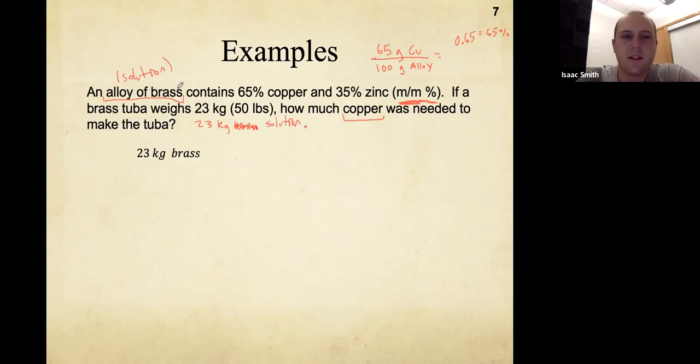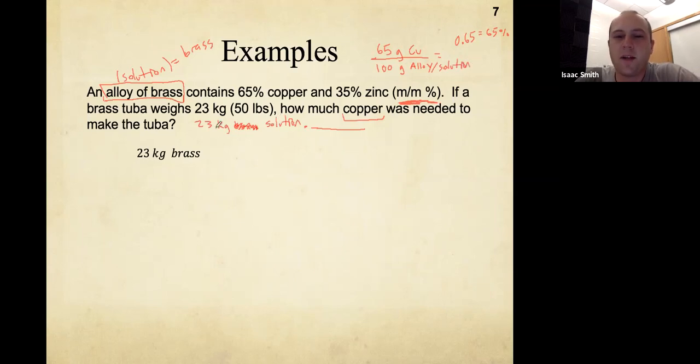The solution is equal to brass in this case. Brass is the alloy, it's the solution, which contains copper and zinc. So 23 kilograms of solution, and the units for our mass percent on the bottom are grams of alloy, or grams of solution, however you want to think about it.